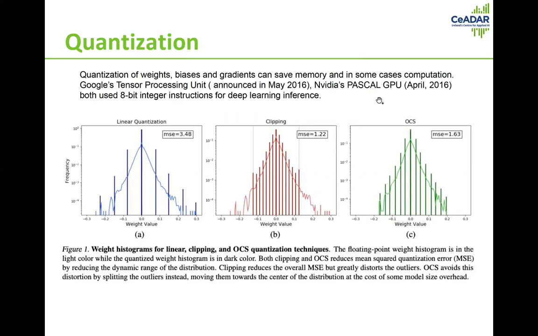A major example of this quantization is the Google Tensor Processing Unit, Google TPU, or NVIDIA's Pascal GPU, both announced in 2016. Both of them used 8-bit integer rather than the 16 or 32-bit integer instructions you find on your laptops and CPUs. We'll see the results later on of how efficient quantization has been.